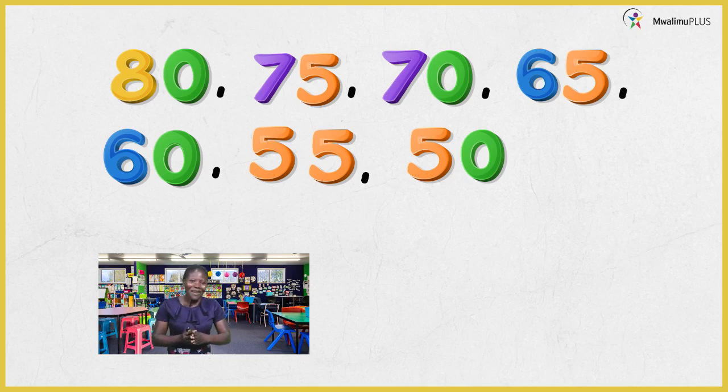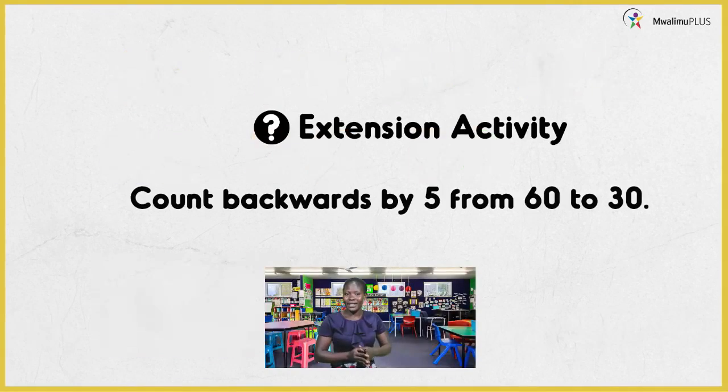As that, I'm going to leave you with one extension activity. Do it at home or when you are free, so that you can practice what you've learned today. So that is the activity. Count backwards by 5 from 60 to 30.